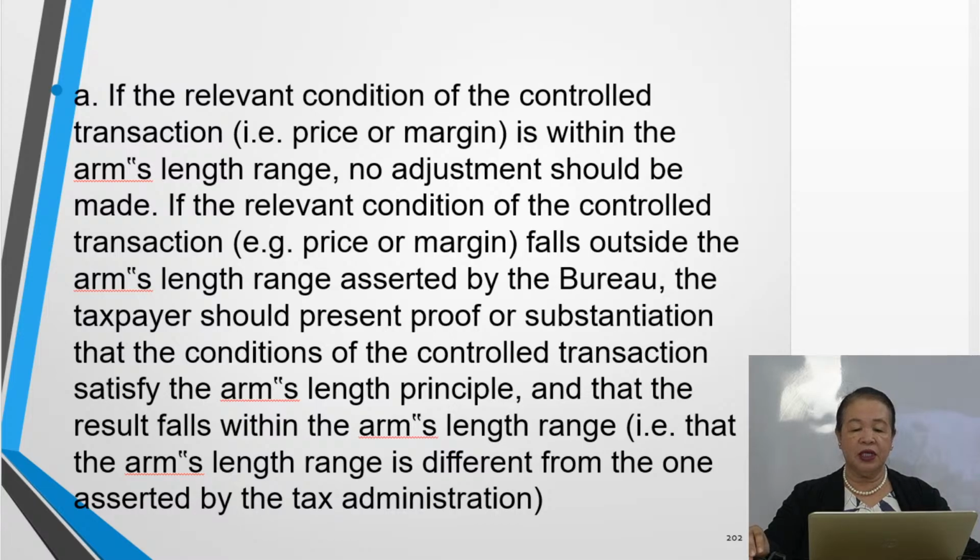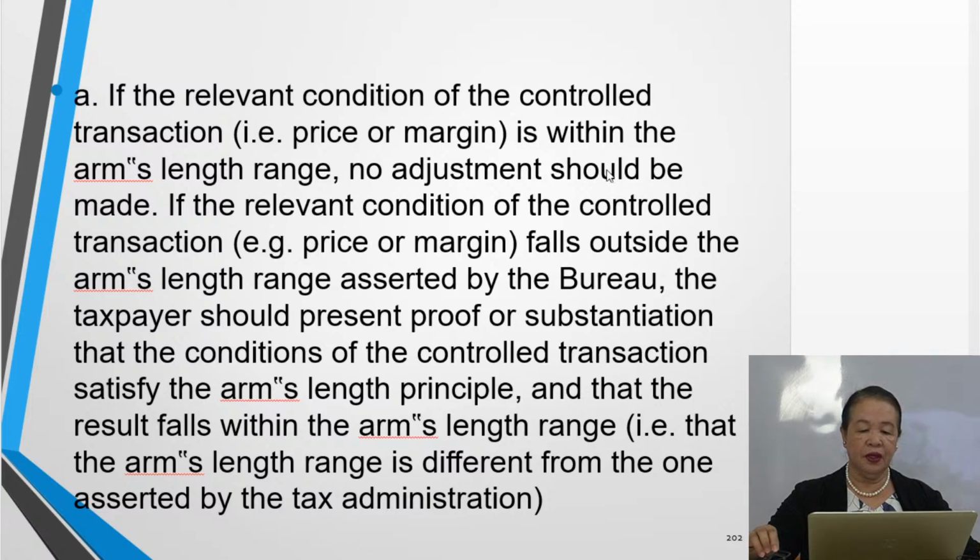If the price or margin falls outside the arm's length range asserted by the Bureau, then the taxpayer should present proof or substantiation that the conditions of the controlled transaction satisfy the arm's length principle and that the result falls within the arm's length range, which is different from the one asserted by the tax administration. So who has the burden of proof to tell the tax administration that this should be the arm's length range? Because they used different comparables.